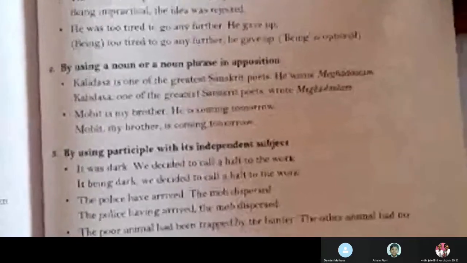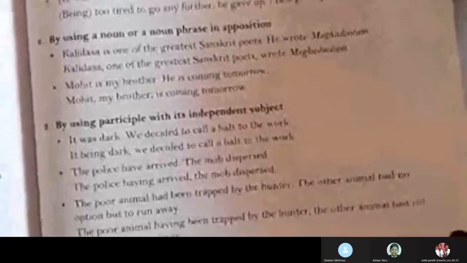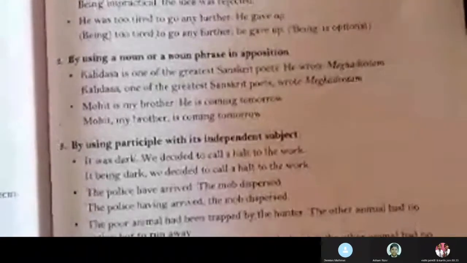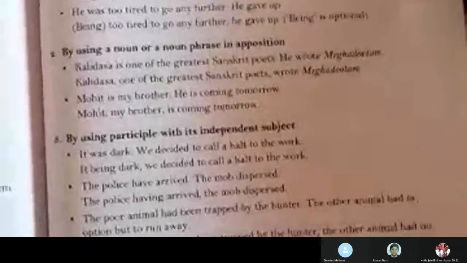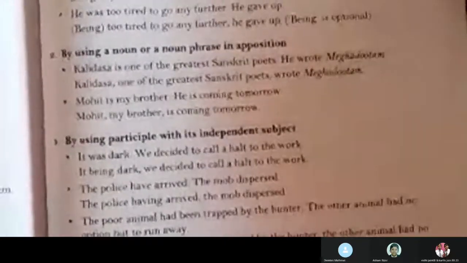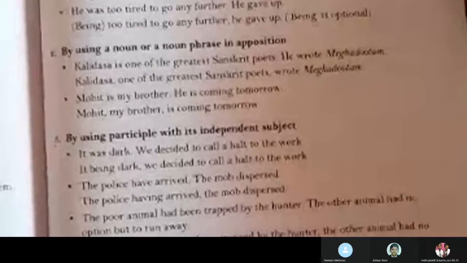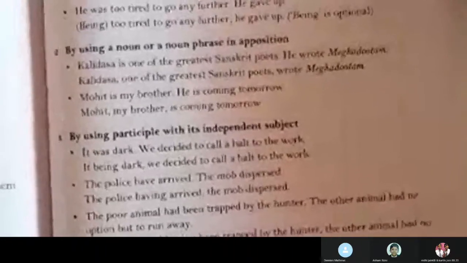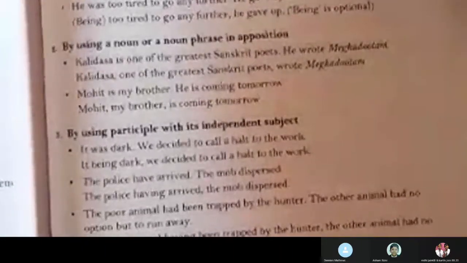Then by using a participle with its independent subject, that means again an ing word and its independent subject. Like, it was dark, we decided to call a halt to the work. It being dark, we decided to call a halt to the work. And you have joined these two sentences together.